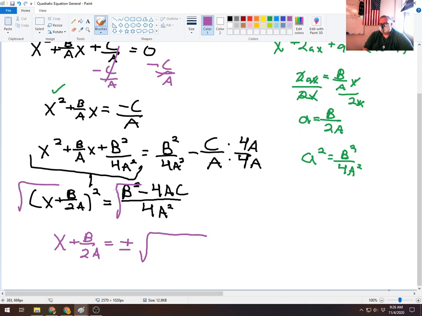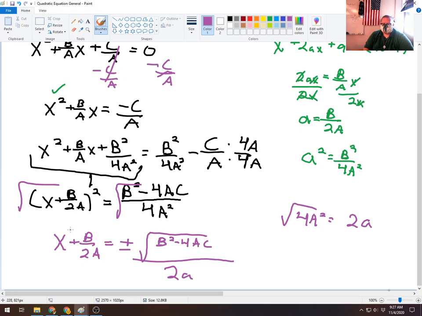Square root. The top doesn't change: it's just b squared minus 4ac over the square root of 4a squared, which is just 2a.